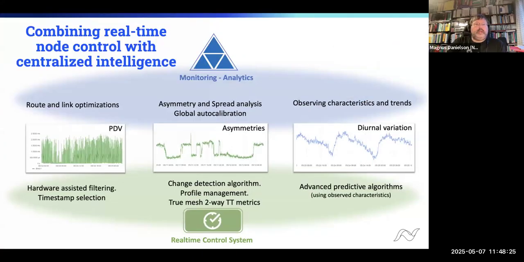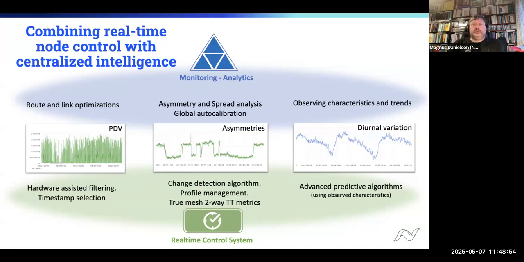And here this comes back to the route and link optimizations. You can look at the PDV, you can assess the filtering, the timestamp selection, all that. You can look at the symmetries and look at the spread. You can do global auto calibration, so you really bring in the full network.